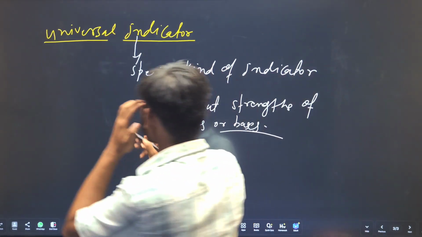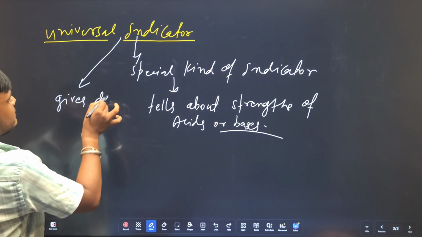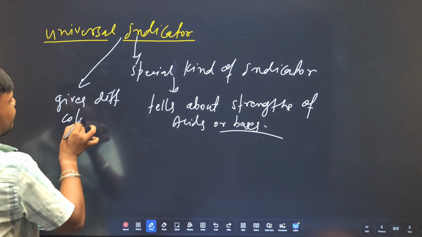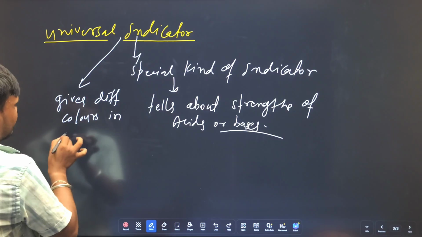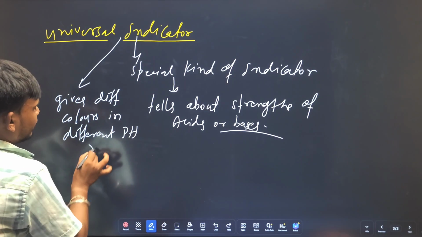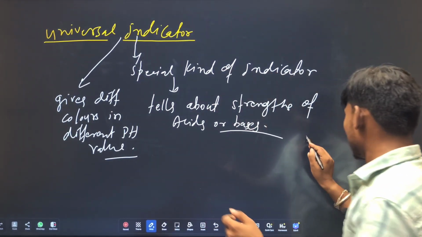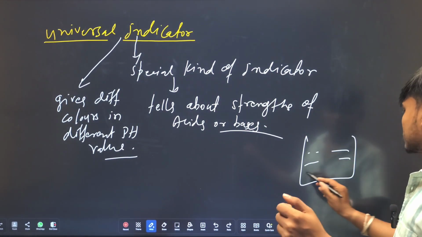So try to understand. Universal indicator gives different colors in different pH values. Suppose I have a solution.